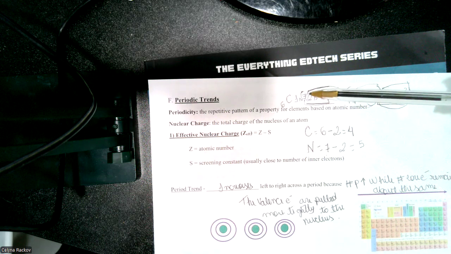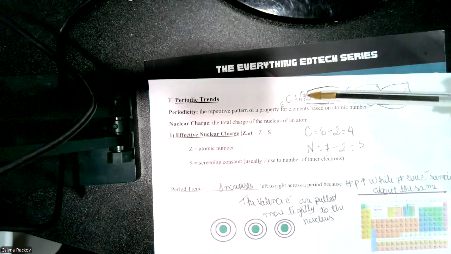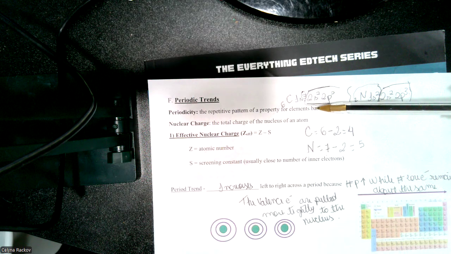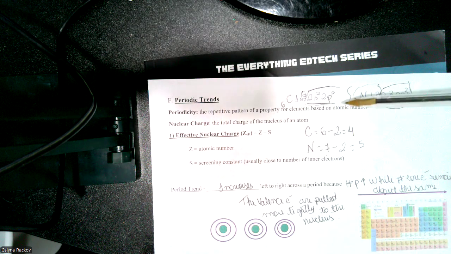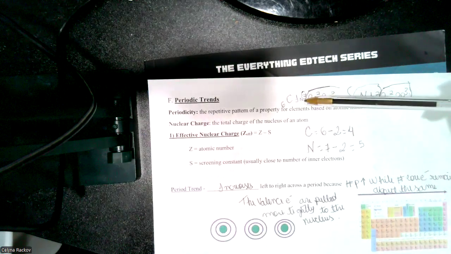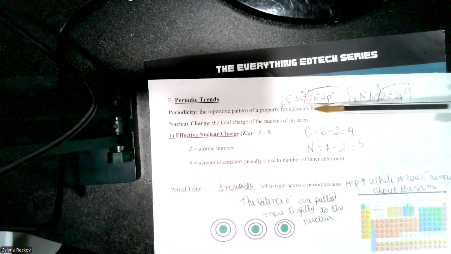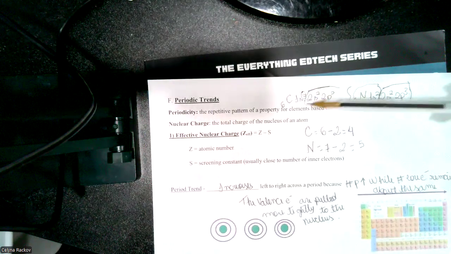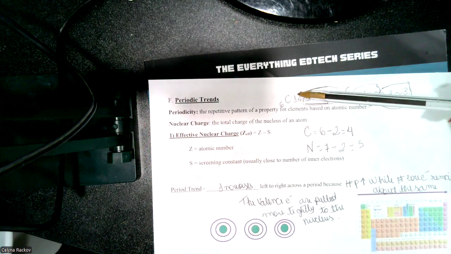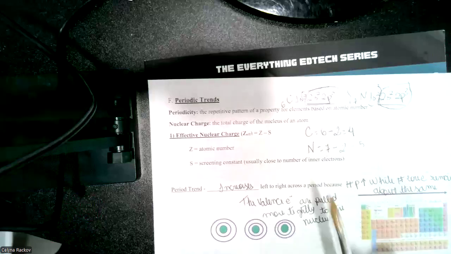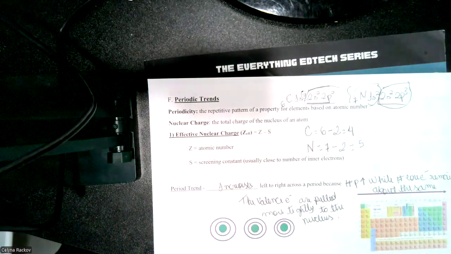All the electrons in the highest energy level are the outermost electrons, also called valence electrons. And everything that's not in the highest energy level will be the core electrons, also called inner electrons.